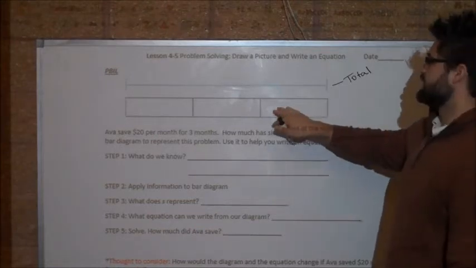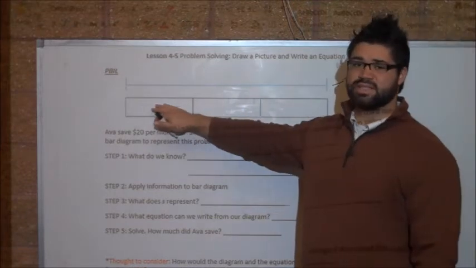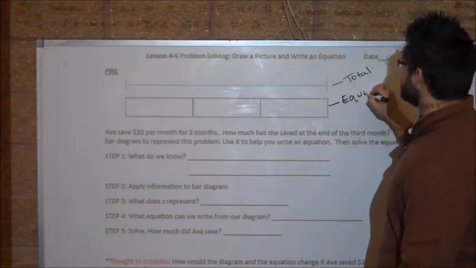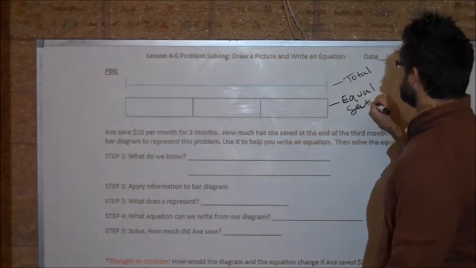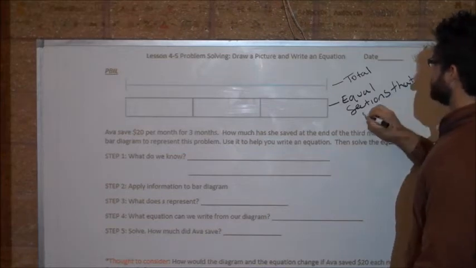So what do the sections of the bar represent? When we're talking about multiplication and division, these are equal sections, and these are going to add up to the total.